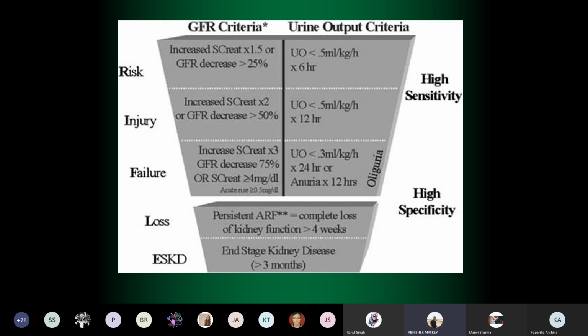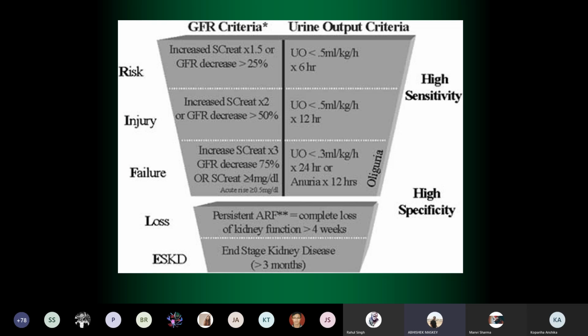You don't have to know this, but if you want to know, this is RIFLE: risk, injury, failure, loss, and ESKD, end stage kidney disease. If you don't treat on time, the patient may land up in end stage kidney disease, where the patient can't be reverted back. So with acute kidney injury, you have to know the cause and treat on time. Then only you can save the kidney.